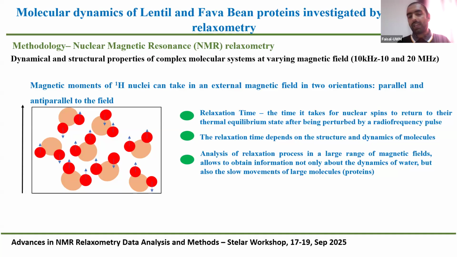Then we analyze the relaxation process over a large range of magnetic fields, which allows us to obtain information not only about the dynamics of water, but also about the slow movement of large molecules, the macromolecules, such as proteins. So this is basically the principle behind FFC NMR relaxometry, and from this principle we are obtaining the information.